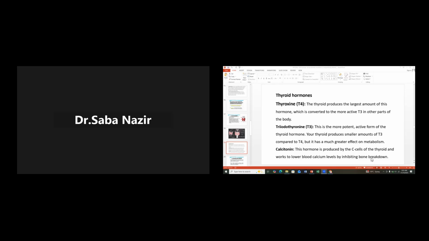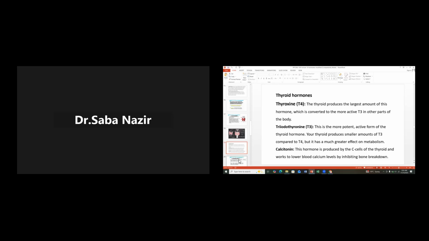If you can recall the previous gland that we discussed, once enough calcium is not present, the secretion of the anterior gland causes breakdown of bone. But calcitonin prevents the breakdown of the bone.